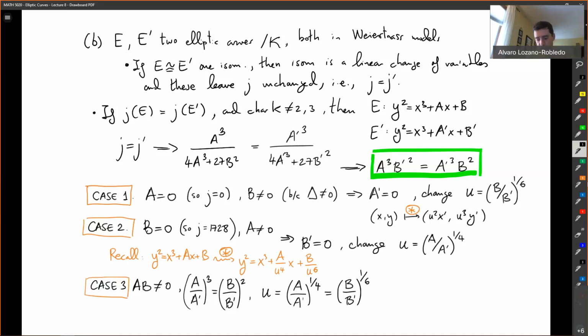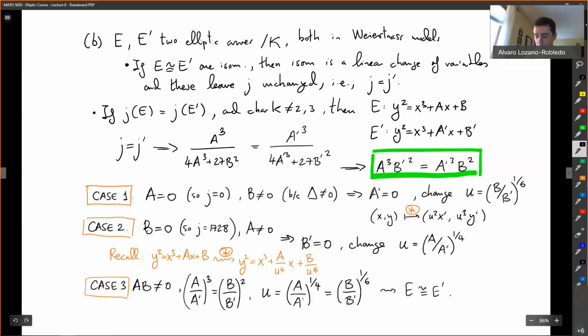Because basically, what are we doing? Take 12th roots of both sides, then you get that the fourth root of a over a prime equals the sixth root of b over b prime. So it's the same number. And that's exactly what we need. If you take that u, that will give you an isomorphism between E and E prime.